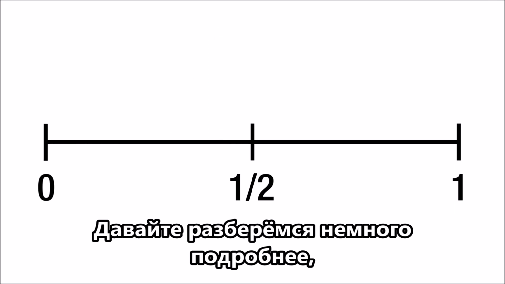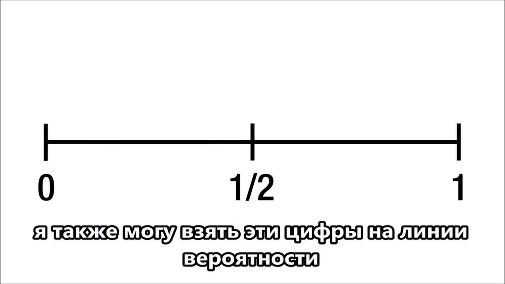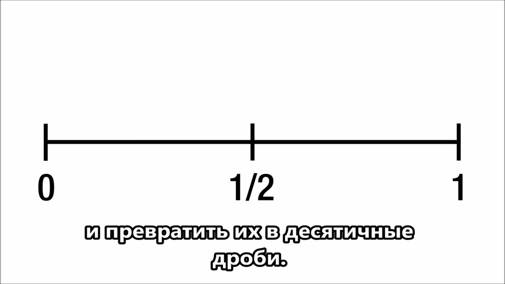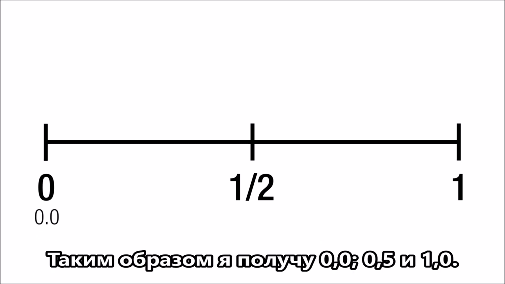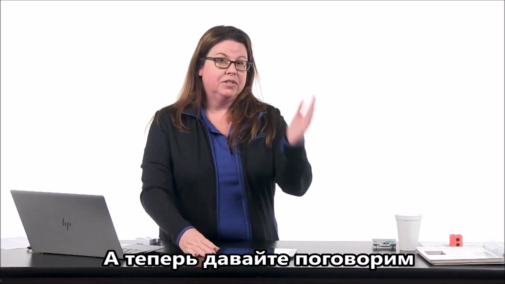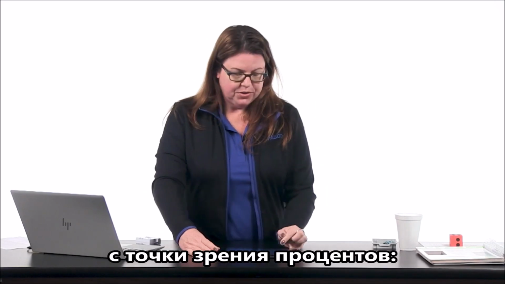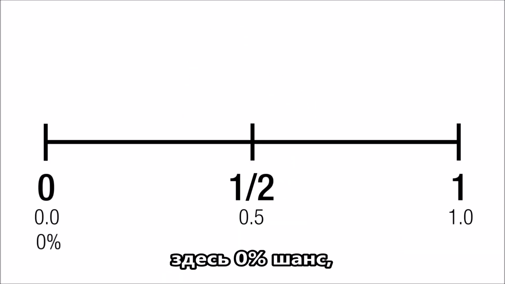Let's break it down a bit more. I can also take these figures on the probability line and turn them into decimals. So that would be 0.0, 0.5, and 1.0. Now let's talk about that in terms of percentages. This would be a 0% chance. This would be a 50% chance.